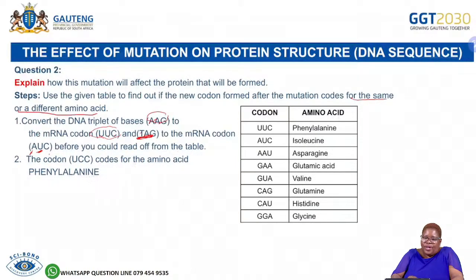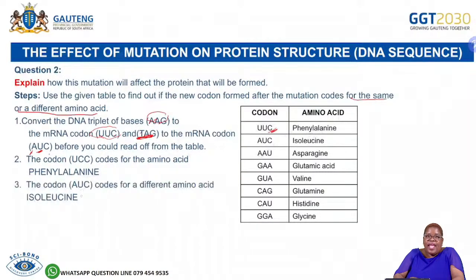We've got the codon UUC, which is phenylalanine, right? And then the codon AUC, this one, AUC codes for what? For the amino acid isoleucine. This is the one.